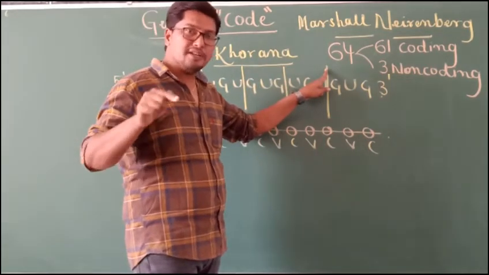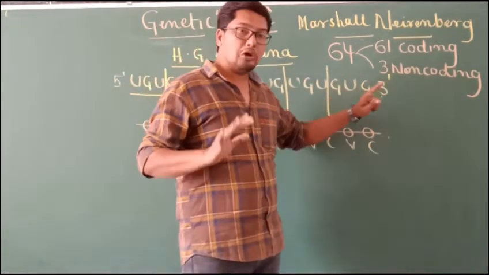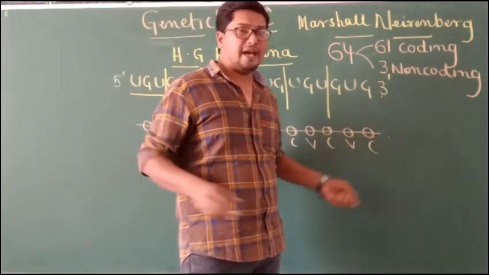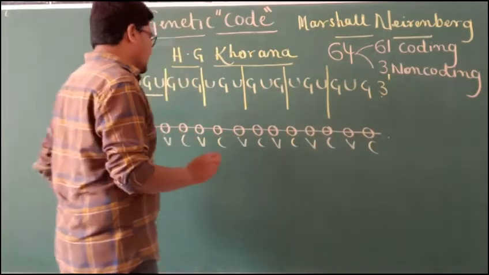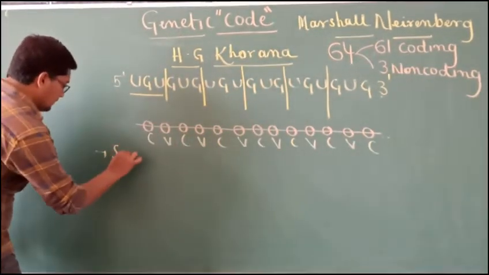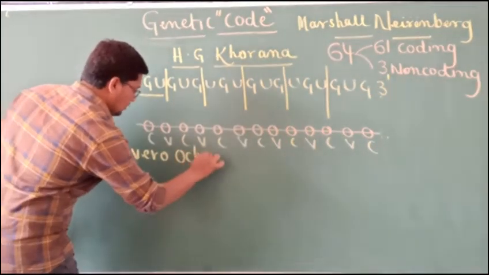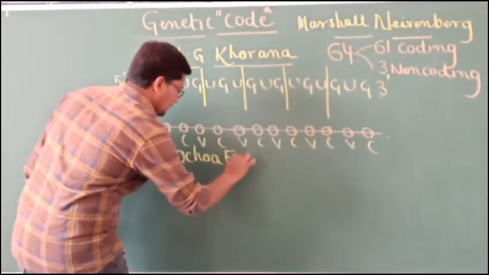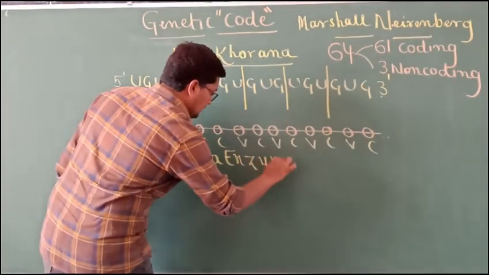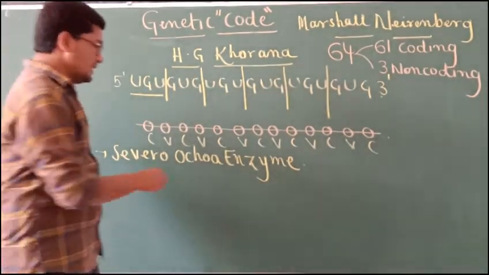Because of this only today we know which codon codes for which amino acid, which codons do not code for amino acids. Okay, and finally students should remember one more name. Severo-Ochoa enzyme.